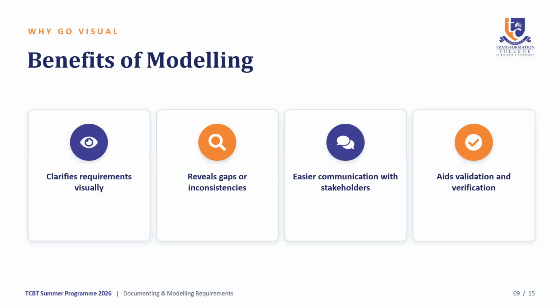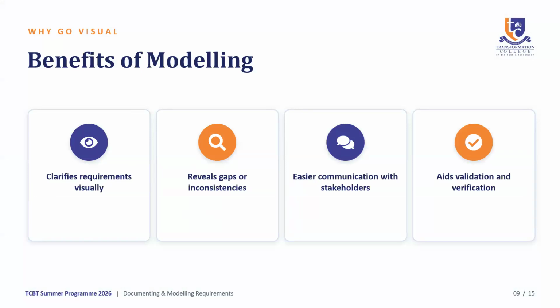Okay, so the last slide, well, not the last. This page, slide 10, speaks to the benefits of modeling. So we say here it helps to clarify the requirement visually. Like I said earlier, it is easier to communicate 1,000 words with just one picture.